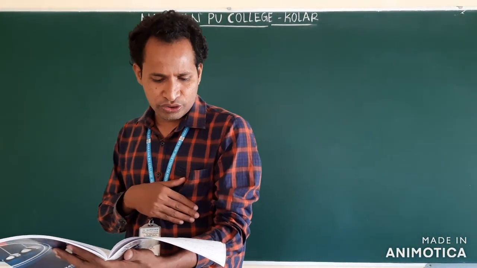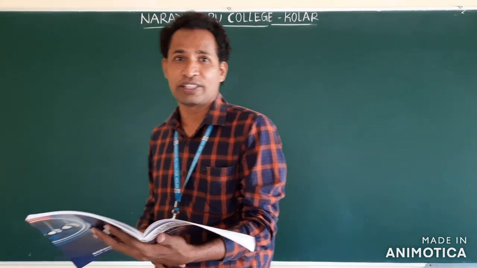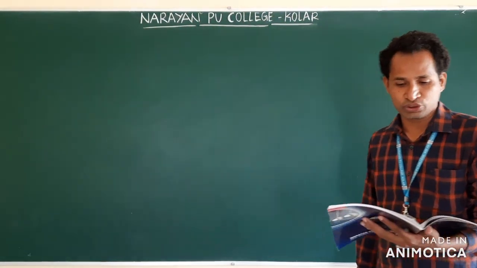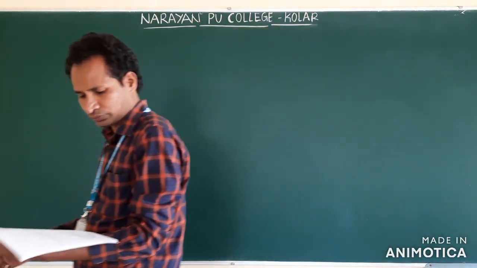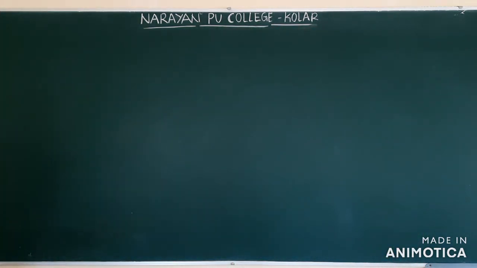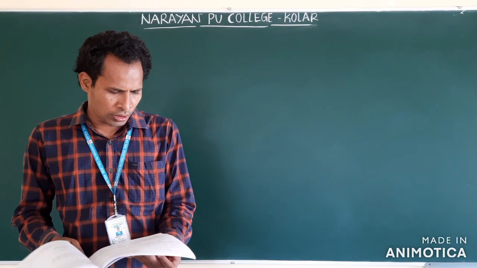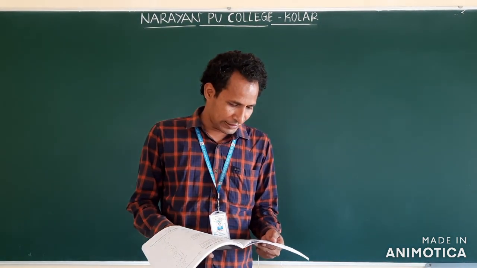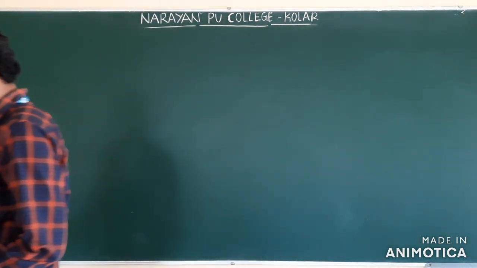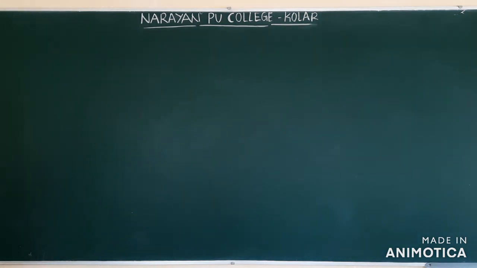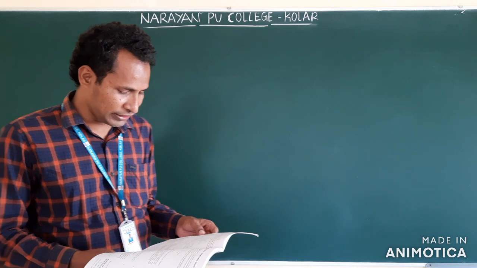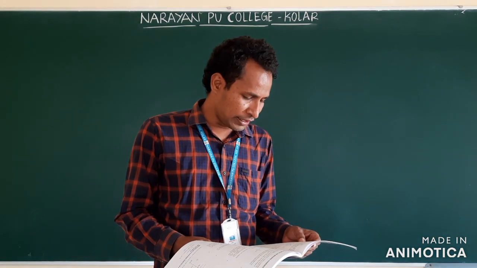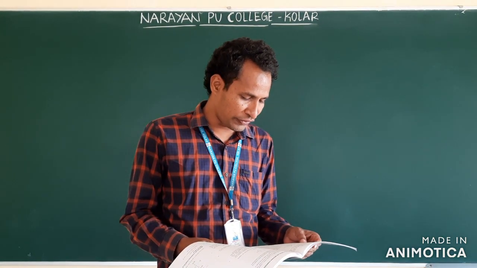Now test your knowledge. The first question is a very important model question. Clear? The question is, a long wire carries a steady current. It is bent into a circle of 1 turn and the magnetic field at the center of the coil is B. It is then bent into a circular loop of n turns.